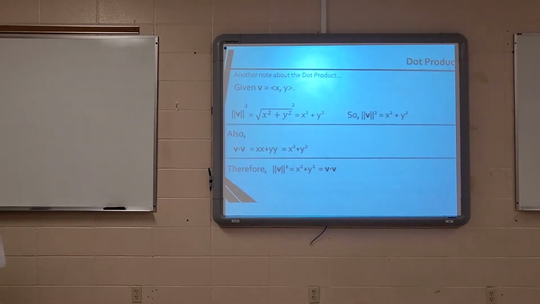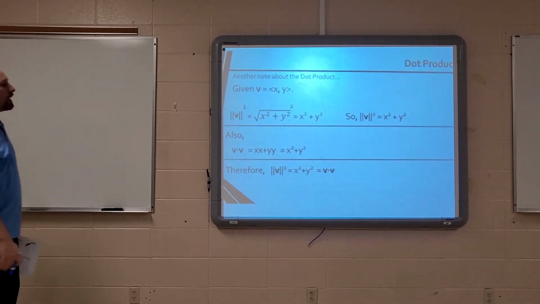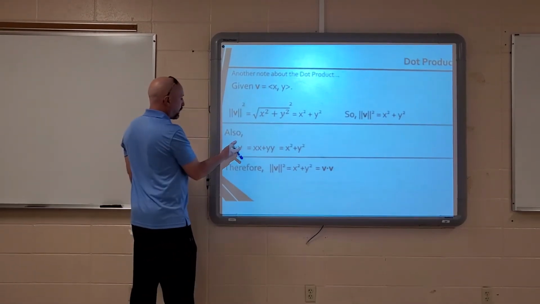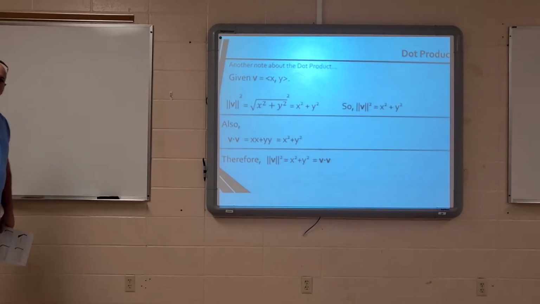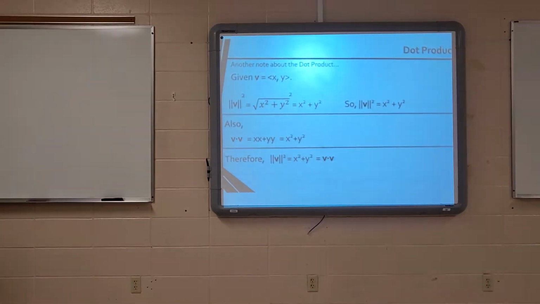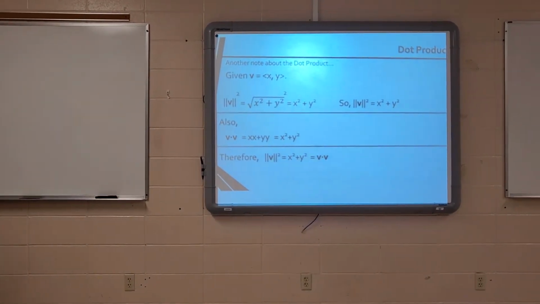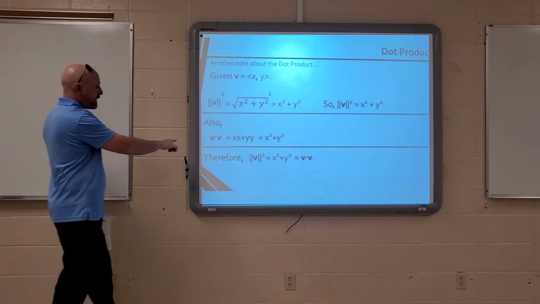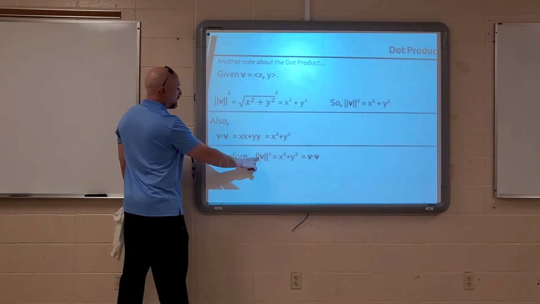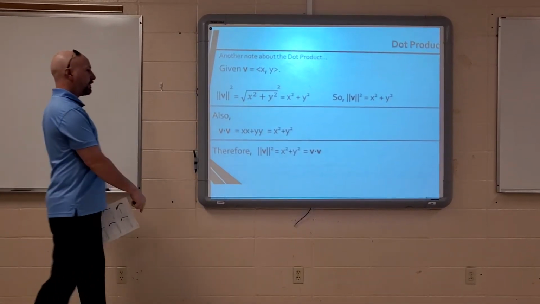It's giving you a really in-depth definition of what's going on when you dot a vector to itself. You don't need to memorize this or anything. It's just a little conceptual stuff so that you realize that V dot V is the magnitude of V squared.